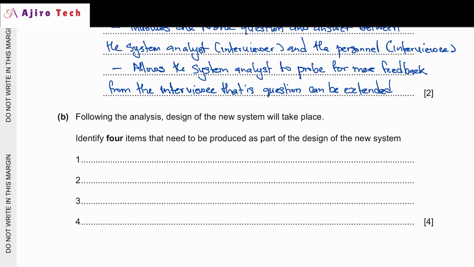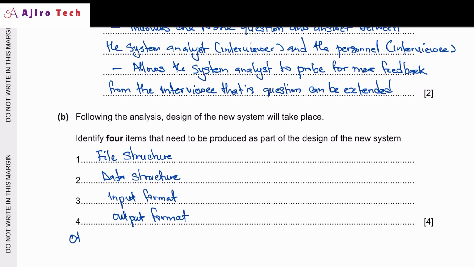Under design, we have the following: the file structure, the data structure, the input format, the output format, and for others, validation routines. The file structure is about the database, and the data structure is about data types.